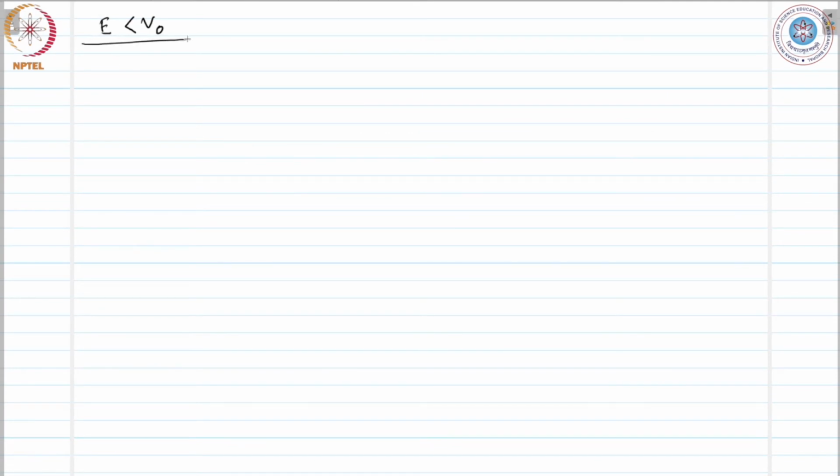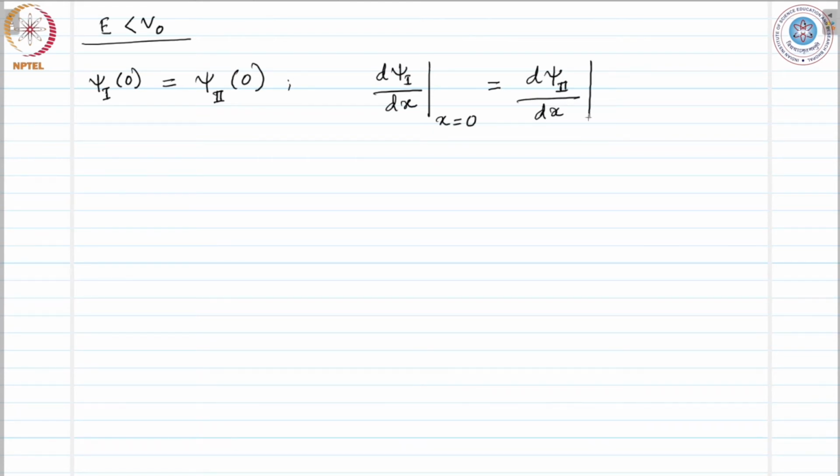which means we have the boundary conditions psi 1 of 0 equals psi 2 of 0, and d psi 1 by dx at x equals 0 equals d psi 2 by dx at x equals 0.